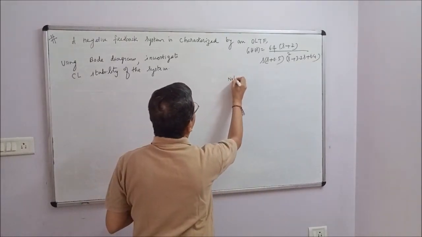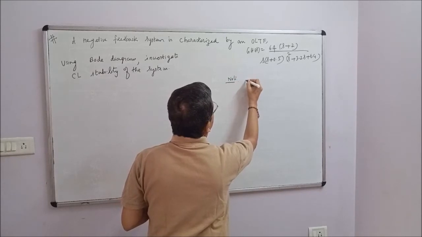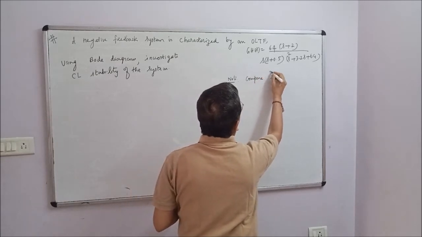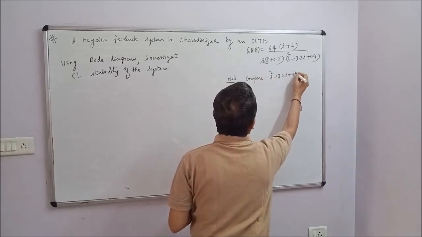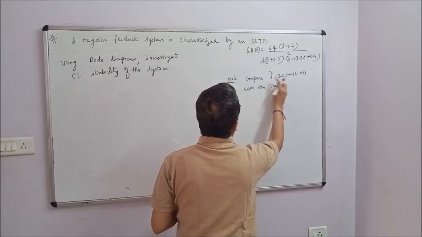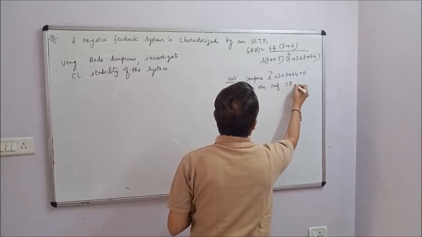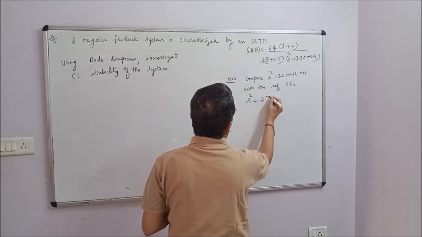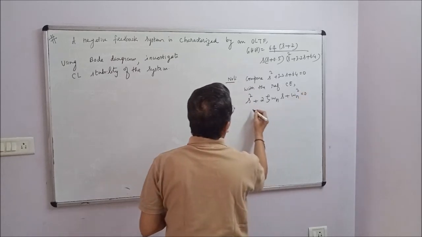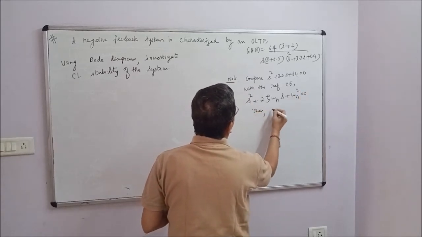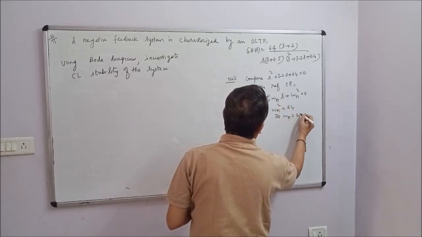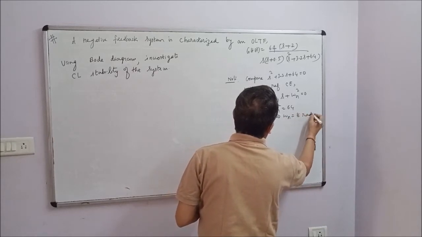Note: compare S square plus 3.2 S plus 64 equal to 0 with the reference characteristic equation S square plus 2 zeta omega n into S plus omega n square is equal to 0. Then omega n square is equal to 64, which implies omega n is equal to 8 radians per second.